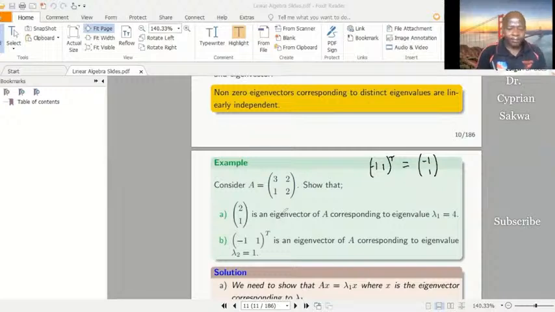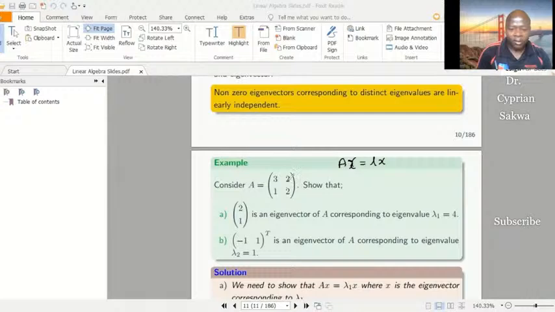Now, let's go back to the question. The question is, show that 4 is an eigenvalue of A and its corresponding eigenvector is B. So we just use the definition above. We say that matrix A times the eigenvector should give us the eigenvalue times the eigenvector.